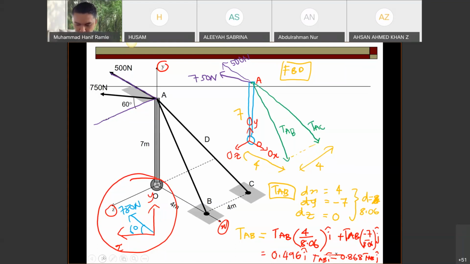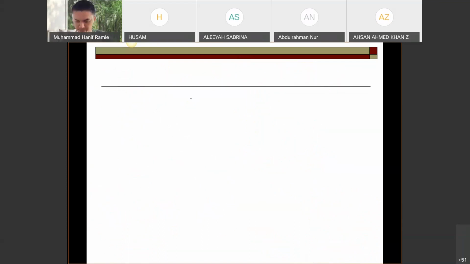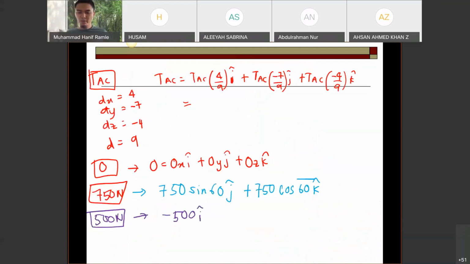Okay, so let's proceed. Can you help me to simplify this equation? 4 over 9, how much? 0.444.